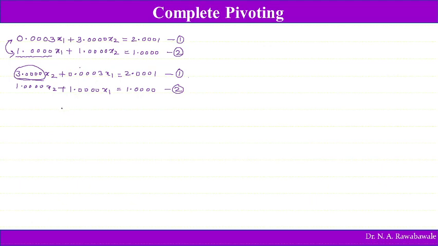Now what we do, we multiply equation 1 by 1 and divide it by 3. So the first equation is multiplied by 1 and divided by 3, and we get x2 plus 0.0001 x1, which is equal to 2.0001 divided by 3.